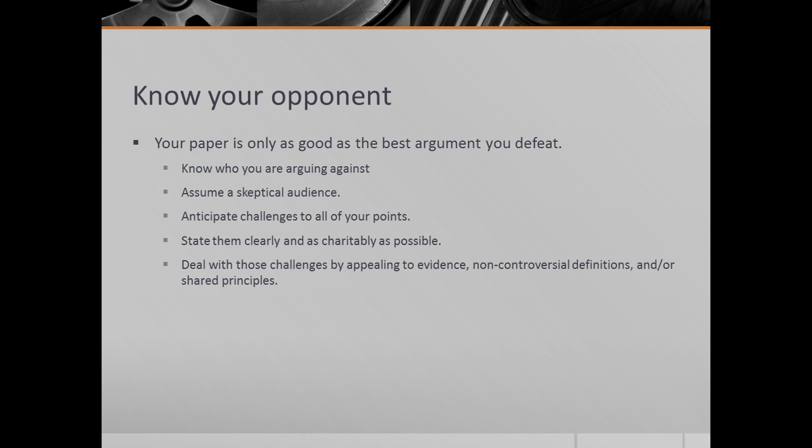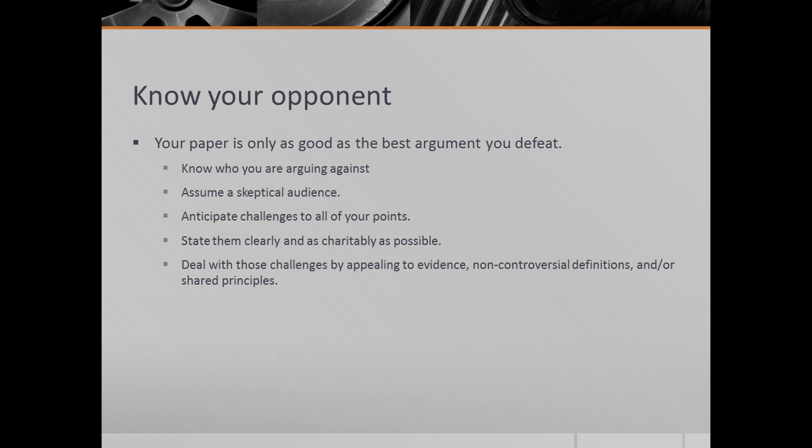This is really part of becoming a subtle, good, argumentative thinker, because this will persuade your skeptical audience that you have in fact anticipated what the other side is going to say, that you have full knowledge of all the relevant facts. It's not that you're just ignoring some part of the argument, but that you have in fact understood the argument and you have reasons for choosing one side.